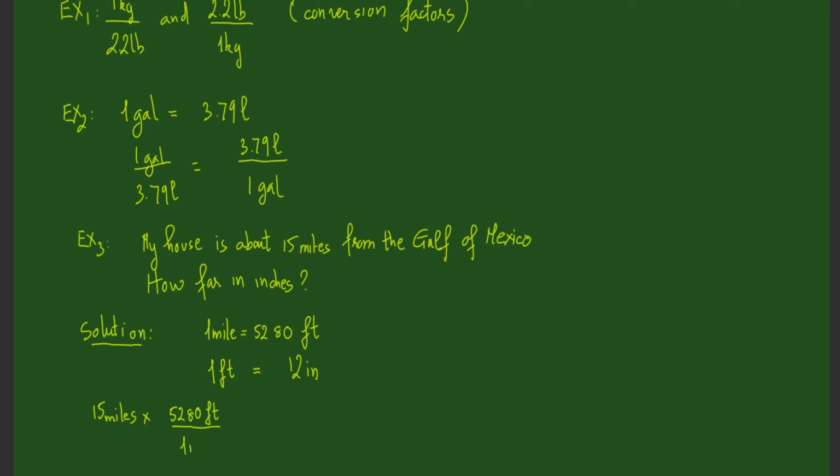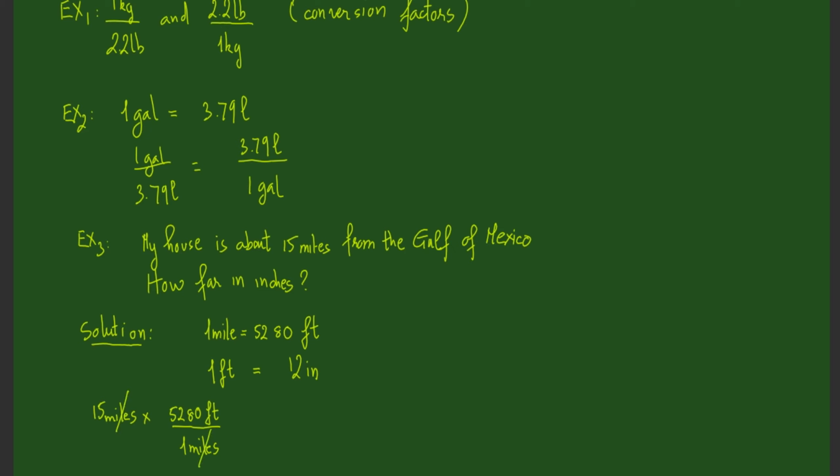You multiply by this so that you can cancel the mile. You don't use the other conversion factor, because there are always two types of conversion factor, one is the reciprocal of the other. The other is 1 mile over 5280 feet, but we have to use 5280 feet over 1 mile, because then you can cancel the miles.